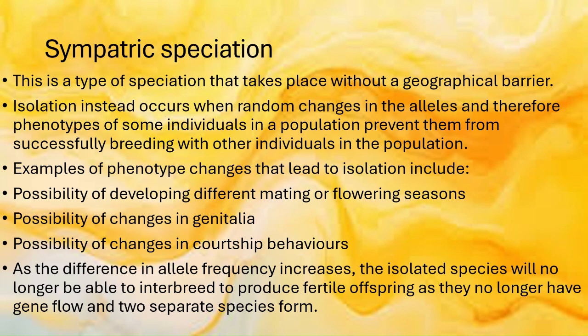Examples of phenotype changes that lead to isolation include possibility of developing different mating or flower seasons, possibility of changes in genitalia, possibility of changes in courtship behaviors, and as the difference in allele frequency increases, the isolated species will no longer be able to interbreed to produce fertile offspring, as they no longer have gene flow and two separate species form.